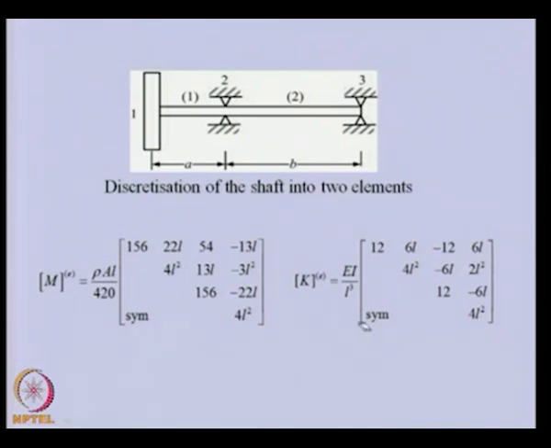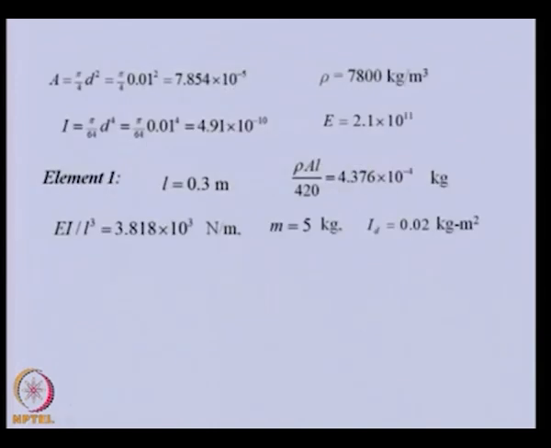This we will be using for obtaining the elemental equation. So basically, we are considering the mass of the shaft also along with the mass of the disc. So various properties we can calculate: area, second moment of area from the given data.